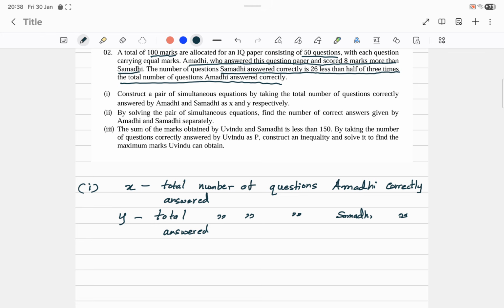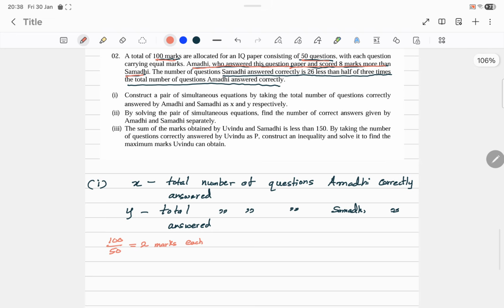So let's look at the first one. Amadi, who answered this question paper, scored 8 more marks than Samadhi. So how do we create this? 100 marks, 50 questions, each question carries equal marks, which is 2. So each question is worth 2 marks.